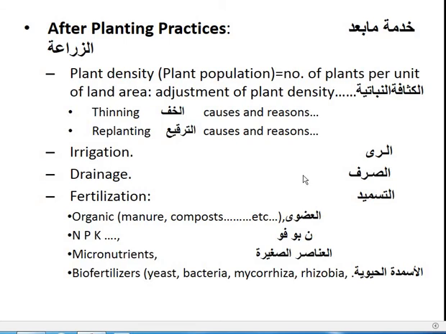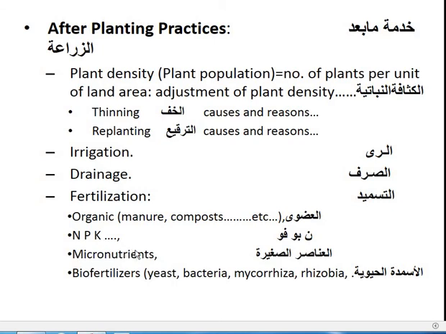Irrigation. Drainage. Fertilization. Organic fertilization, which is manure. Compost, the mix of animal and plant manure. NPK: nitrogen, phosphorus, and potassium.